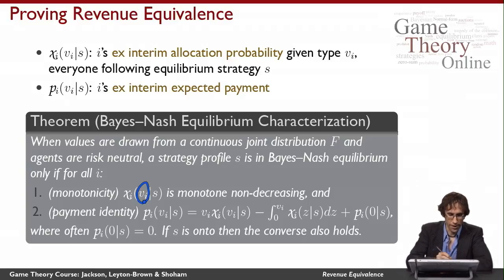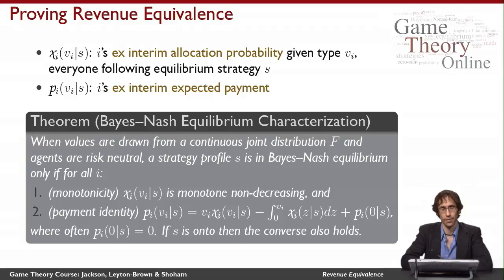In other words, as agents have higher and higher values for the good, their probability of getting the good, averaged across all of the other agents' types, as well as potentially across randomness in the mechanism itself, needs to weakly increase. So as I have higher and higher values for the good, it can never reduce my chance on average of getting the good. So that's necessary for a Bayes-Nash equilibrium.